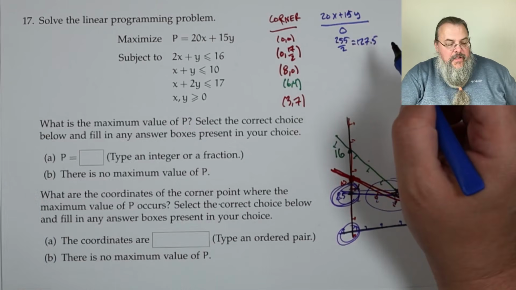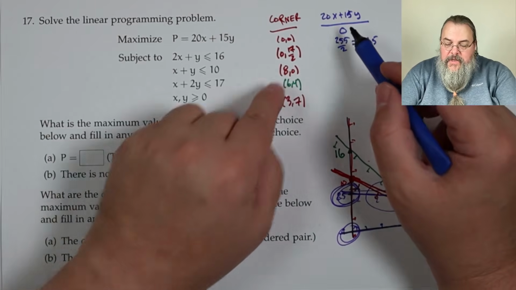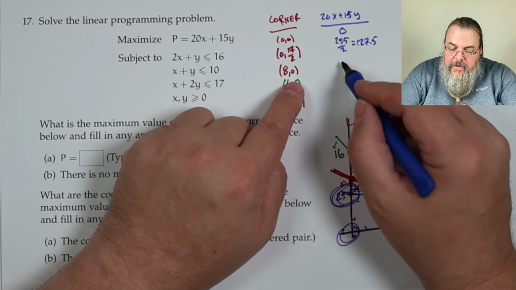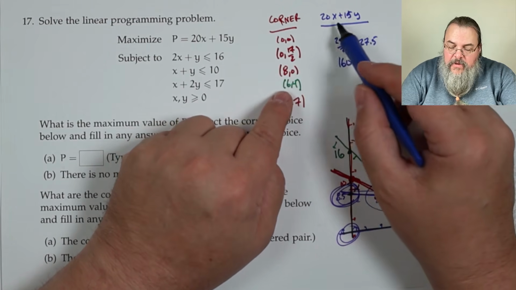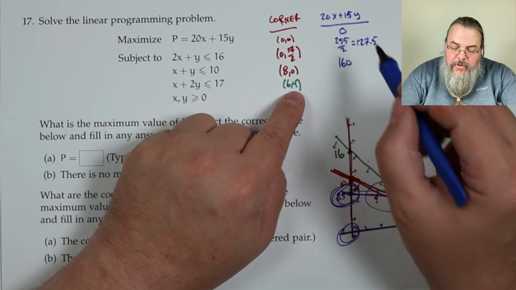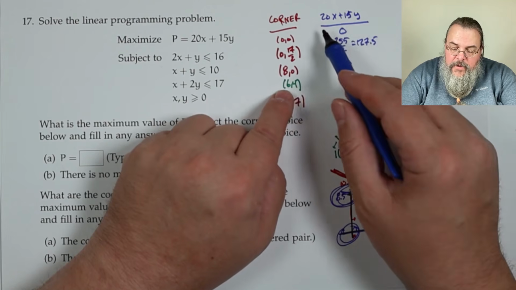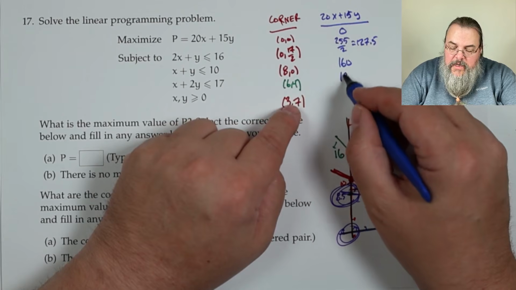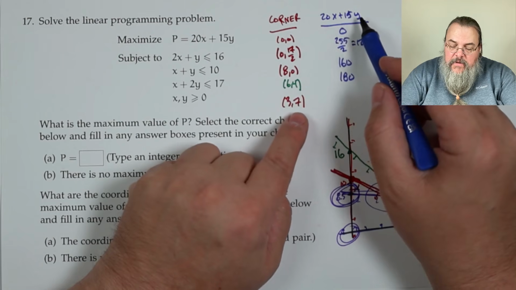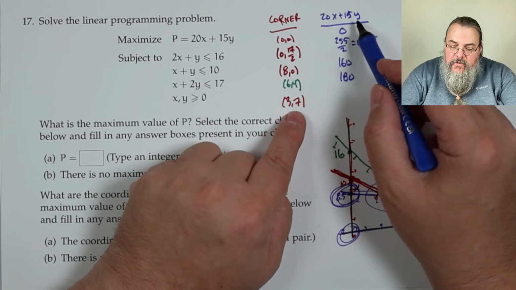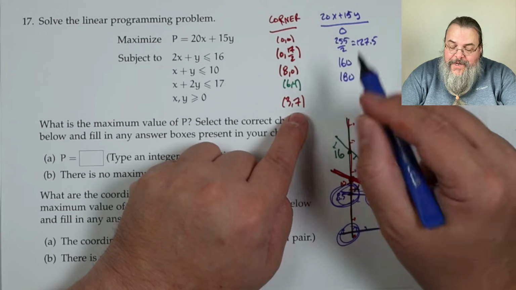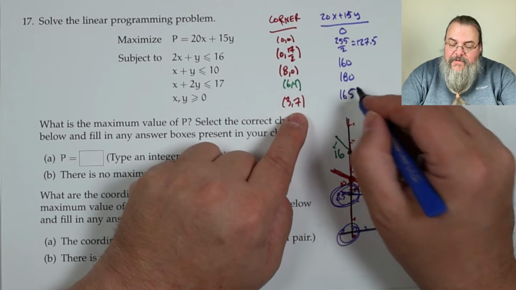At (8, 0), 20 times 8 is 160 plus 0, so that's 160. At (6, 4), 20 times 6 is 120, 15 times 4 is 60, 120 plus 60 is 180. At (3, 7), 20 times 3 is 60, 15 times 7 is 105, and 60 plus 105 is 165.